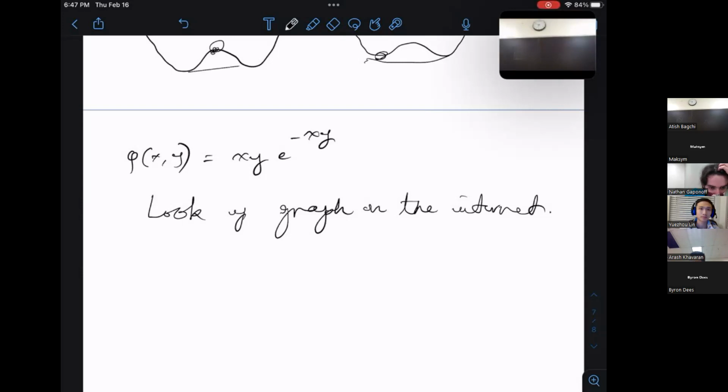x1 times x2 e to the power minus x1 x2, or minus x1 squared minus x2 squared. That was it. The function for which I'm finding the extrema, find and classify the extrema.